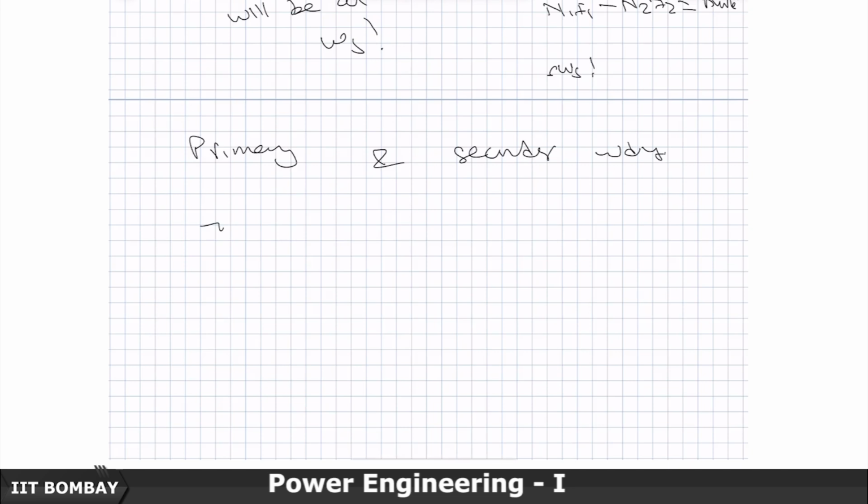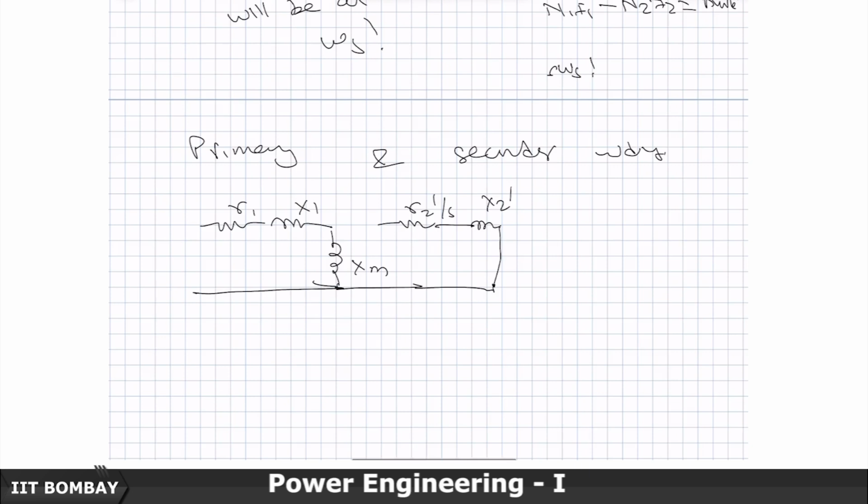What we do is: this X1 is my primary equivalent circuit, and now I will directly write this as R2 dash by S, referring it to the primary, X2 dash, and just connect it like this.